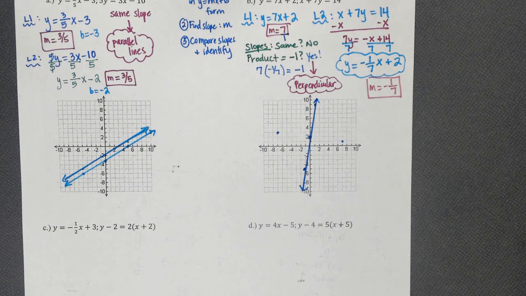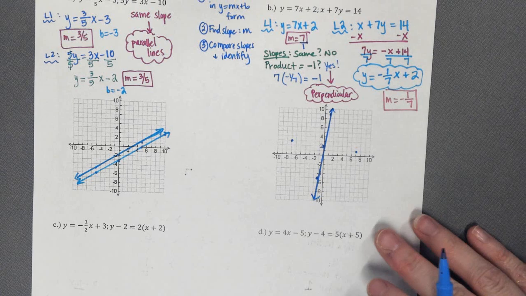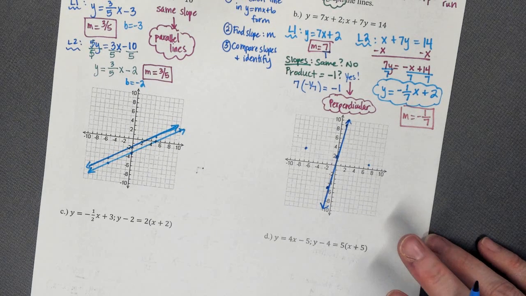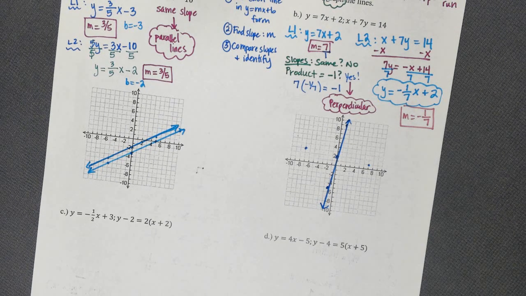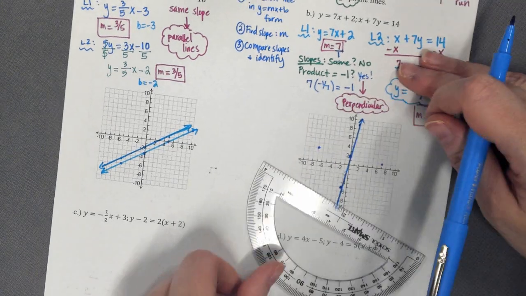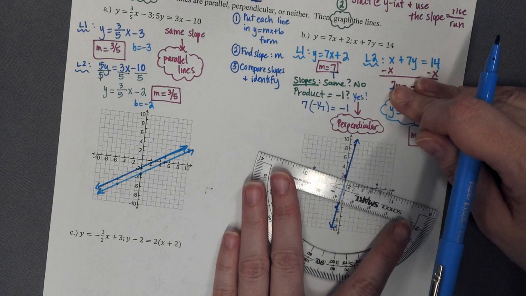Okay, now remember, perpendicular lines, when we talked about the definition on Monday, we talked about how they're going to meet to form right angles. So some of you are already doing a nice job of recognizing if you got perpendicular.